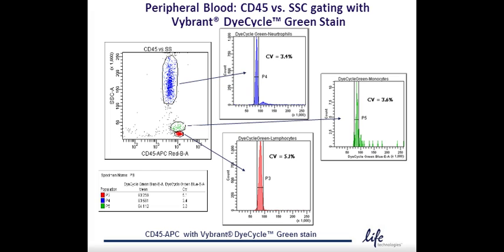You can simply gate on the population of interest and then look at the DNA content. While these cycle plots are not very interesting because the normal cells of the blood are not actively cycling, you can imagine doing this with bone marrow or peripheral blood where there is an abnormal cell population. You can also use the internal normal diploid cells as an internal standard.